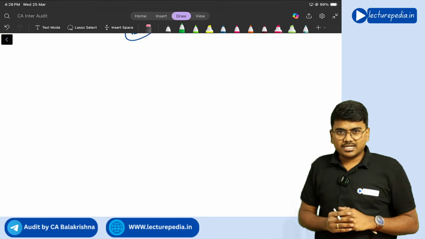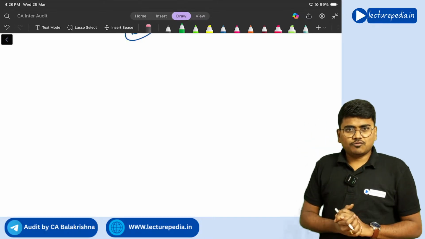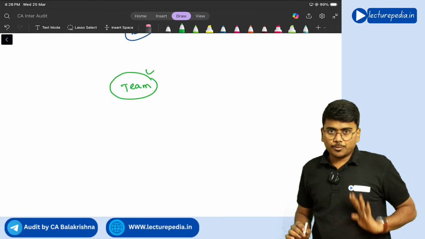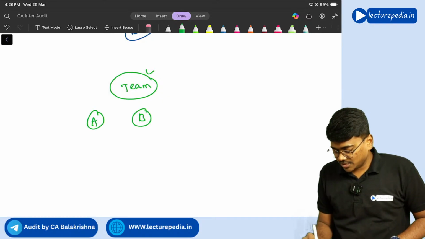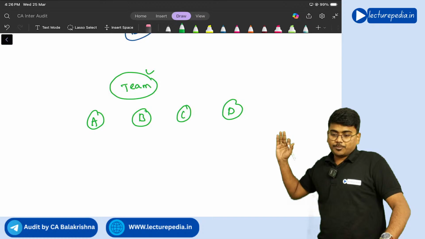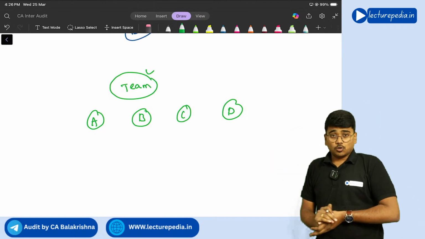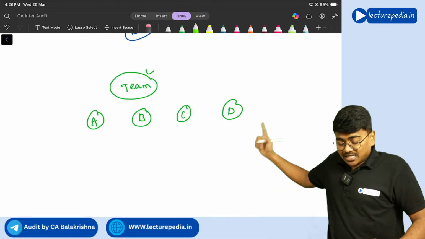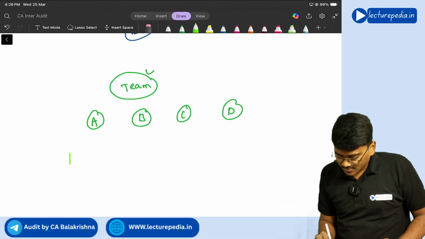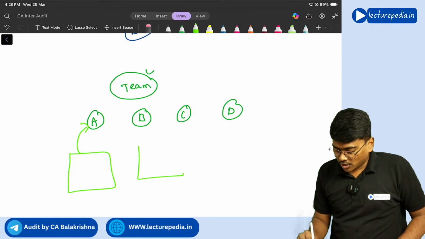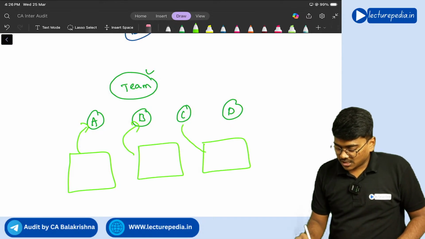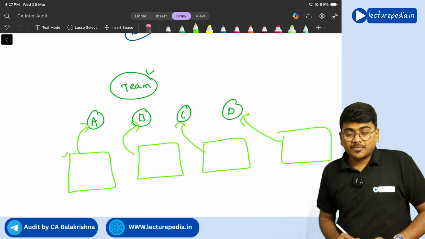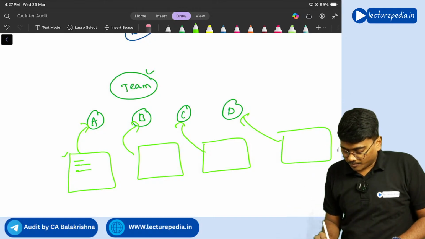So when you go for an audit, only one individual will not go; an audit team will go. Let's say in this audit team there are 4 people: Mr. A, Mr. B, Mr. C, Mr. D. These 4 people together went for doing the audit. Now the principal will prepare an audit program for each of these team members: an audit program for Mr. A, for Mr. B, for Mr. C, for Mr. D. In the first audit program, all the procedures that Mr. A has to perform will be listed.